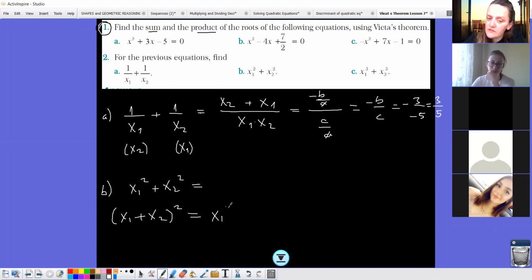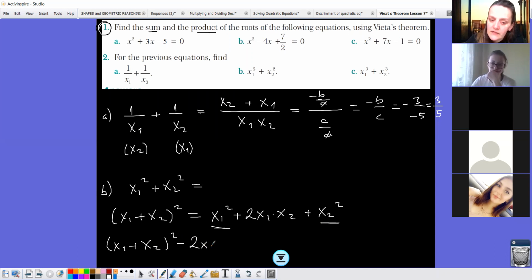It is x1 squared plus 2 times x1 times x2, then plus x2 squared. But here we have only x1 squared plus x2 squared. This one and this one I have only. If I take this middle term to the other side, I will get x1 plus x2 squared minus 2x1x2 is equal to x1 squared plus x2 squared.